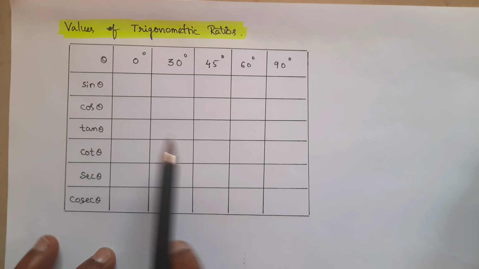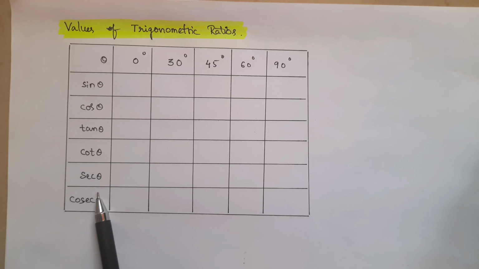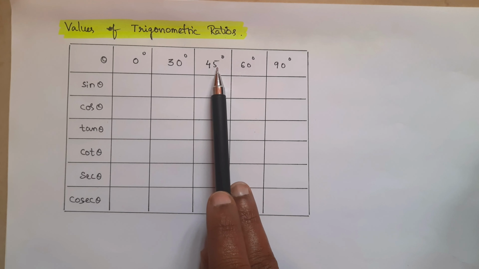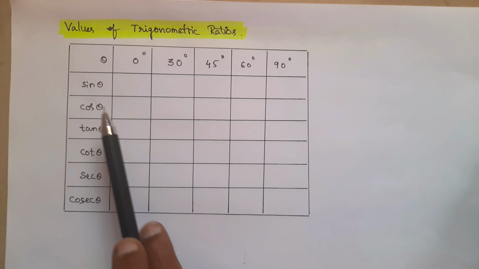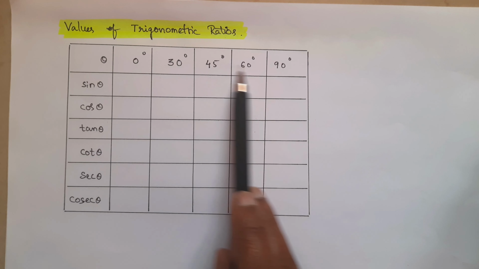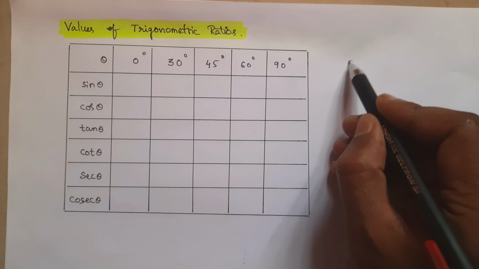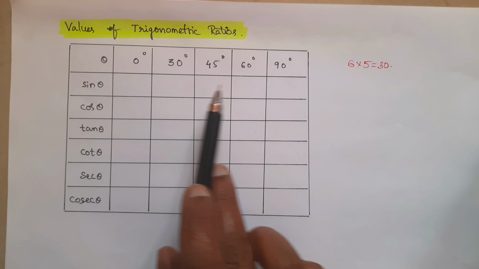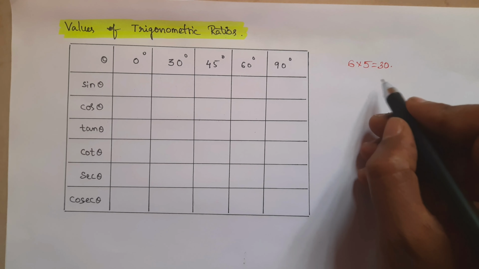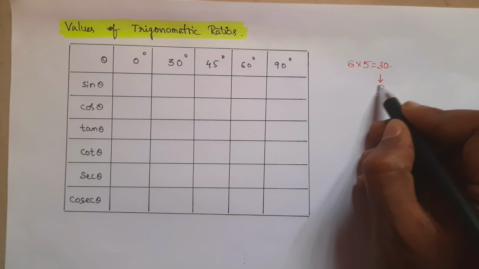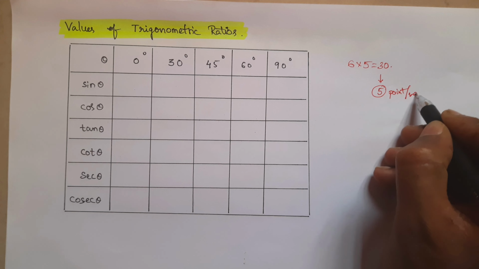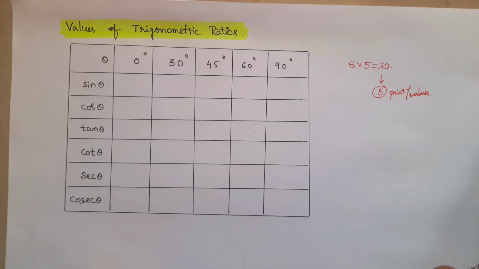To remember, see, if you have 6 trigonometric ratios and 5 different angles like 0 degrees, 30 degrees, 45 degrees, 60 degrees and 90 degrees, that is 6 into 5, 30 spaces. Instead of remembering all 30, if you remember at least 5 values, based on those 5 values you can remember all those 30 values.